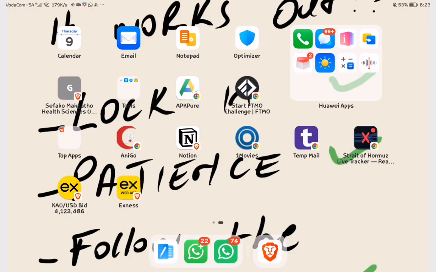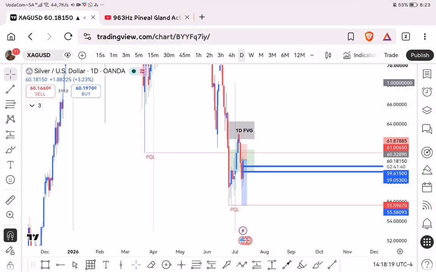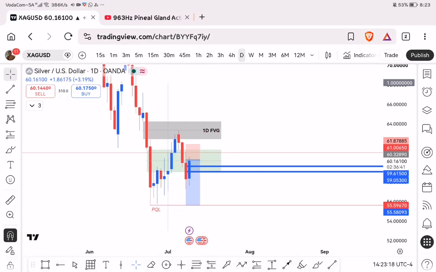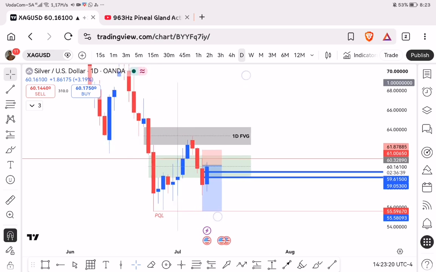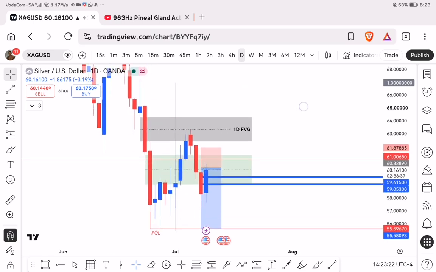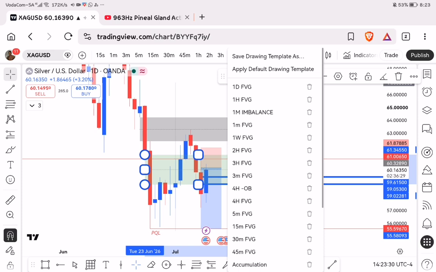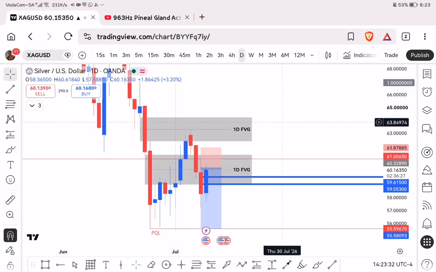So let's go to the chart, to the real life chart. You see what happened here is that we had two gaps. We had this gap, which was also a daily fair value gap, and then the above gap.